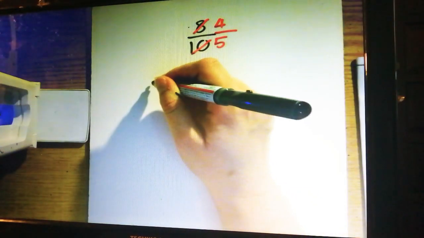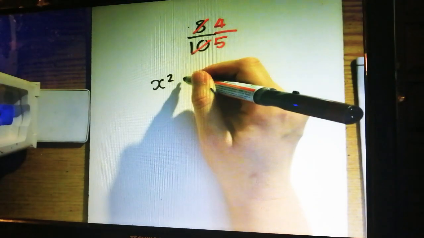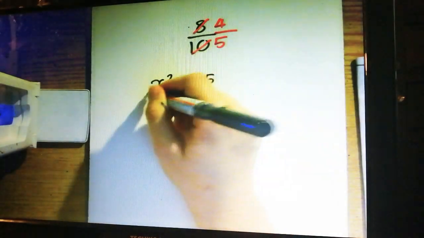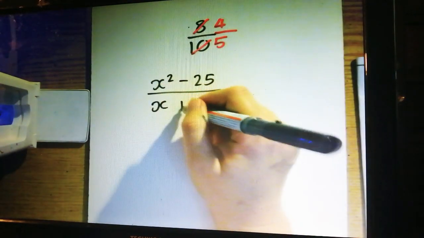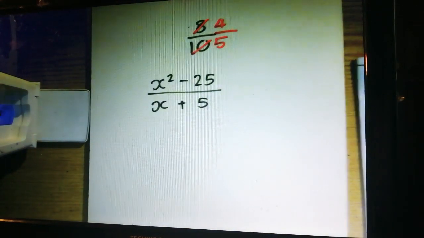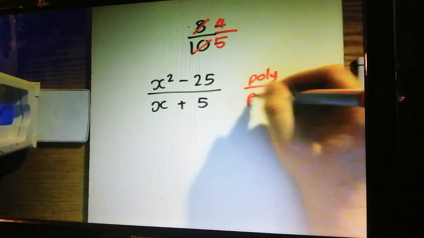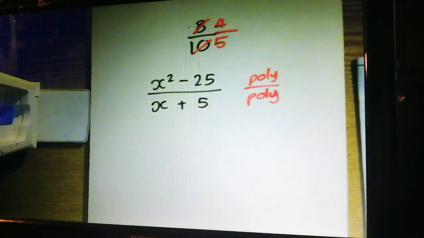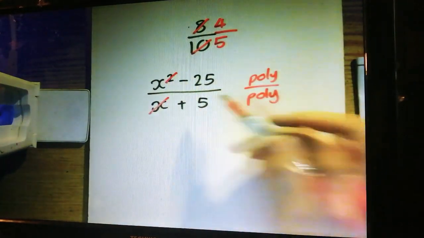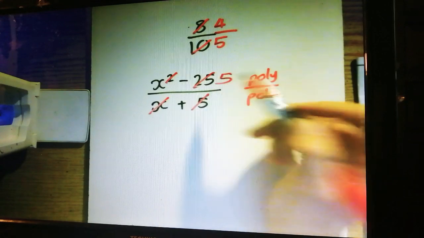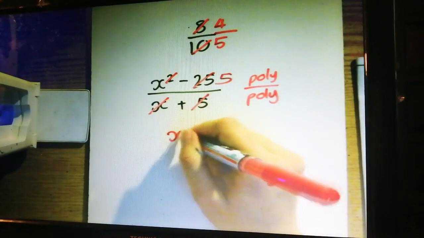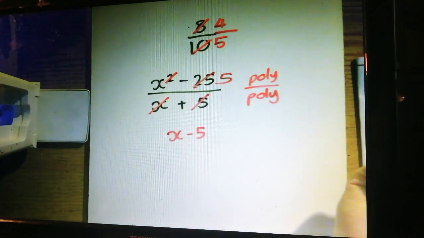But what happens if I had, for example, x squared minus 25 all over x plus 5? What do I do? I've got a polynomial over a polynomial. I'm not allowed to cancel. I'm not allowed to say that x cancels that and 5 goes into there 5 times and my answer is goodness knows what, x minus 5.